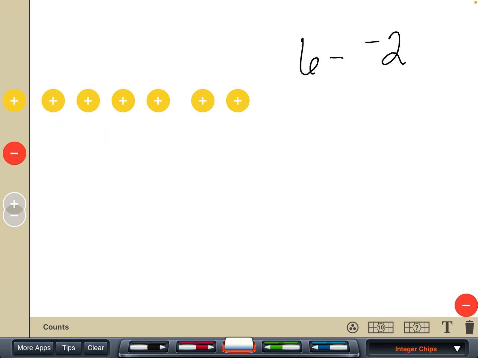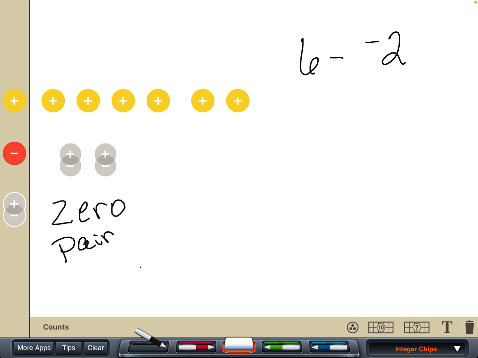Throw those negatives away. What else could we add? We can't just add 2 negatives because that would be addition. But we could add these. Do you remember what those are called? They're called 0 pairs. So we've added a positive and a negative. Well, 2 positives and 2 negatives.